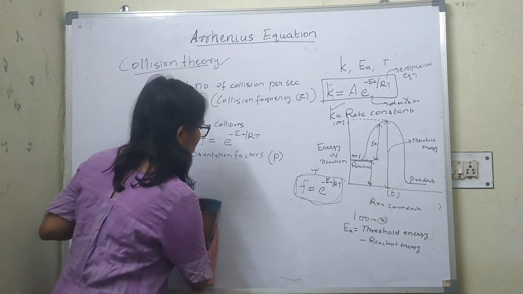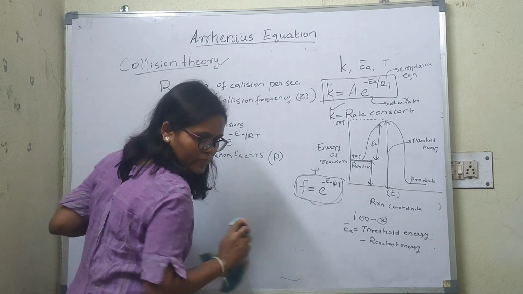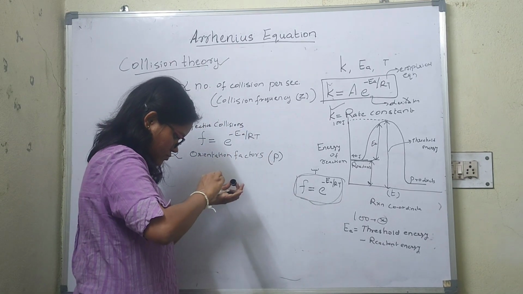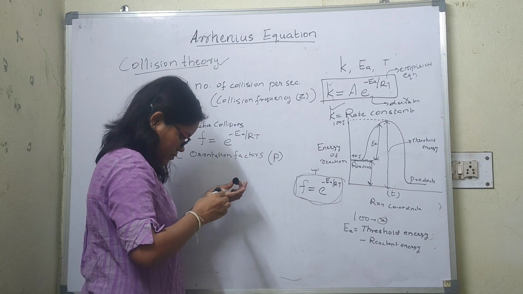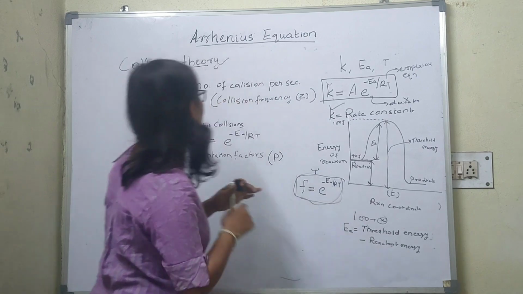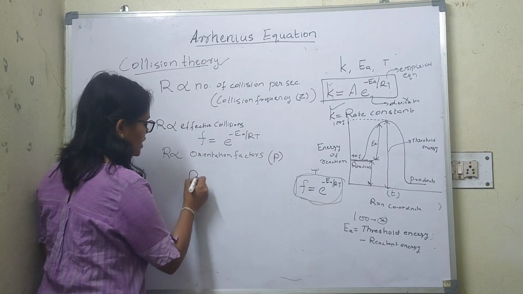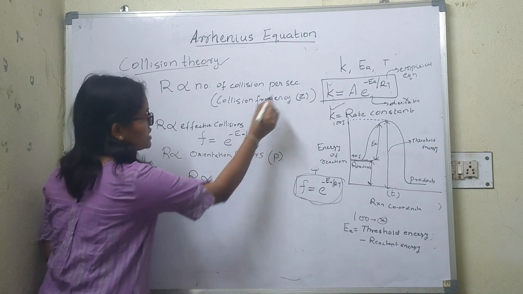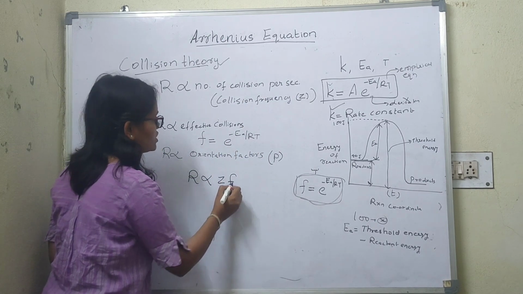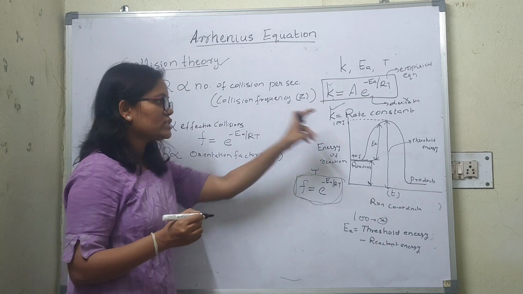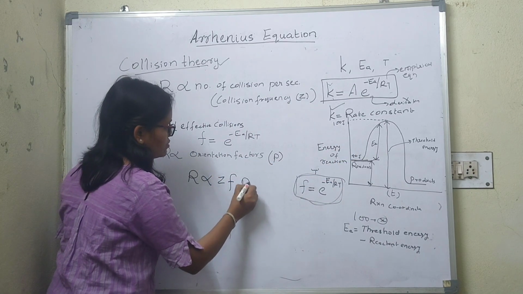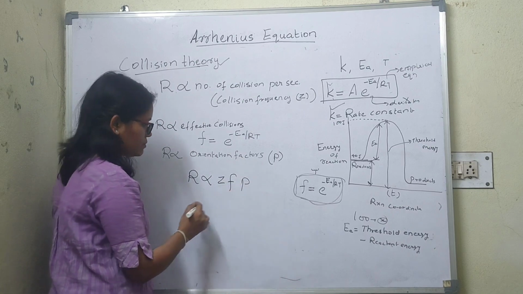So when we combine all these three conditions, we see that rate of reaction is proportional to Z, that is the total number of collisions, and F, which gives you the fraction of molecules having threshold energy or effective collisions, and P, which is called the orientation factor.